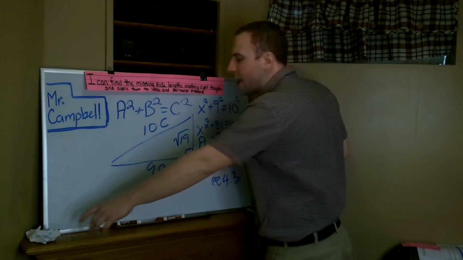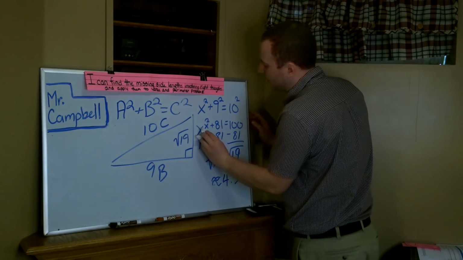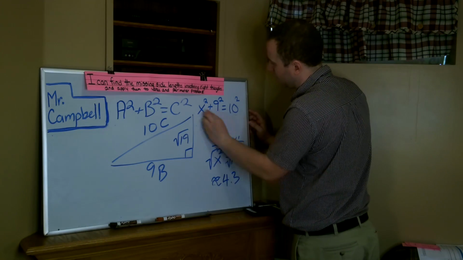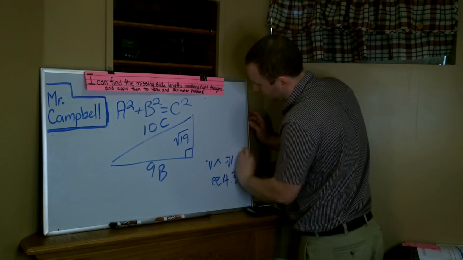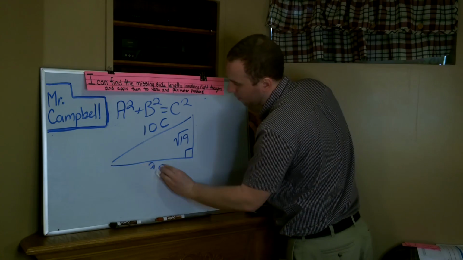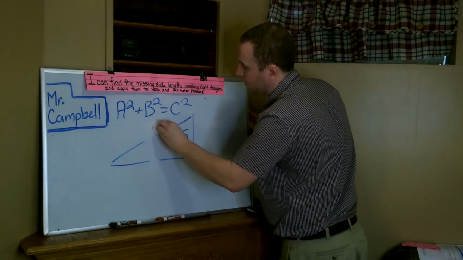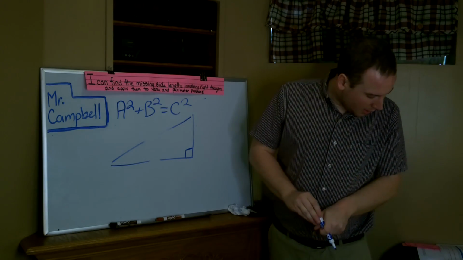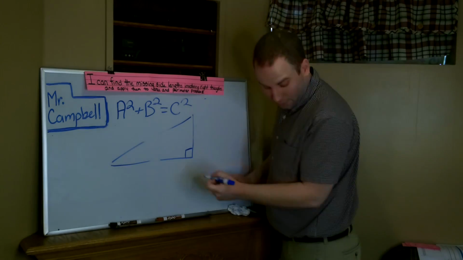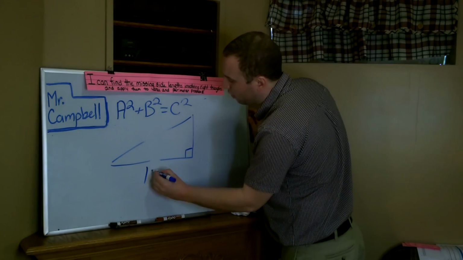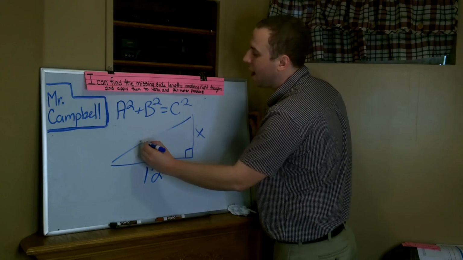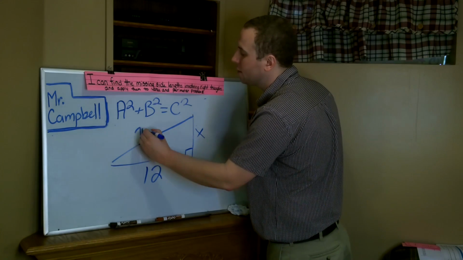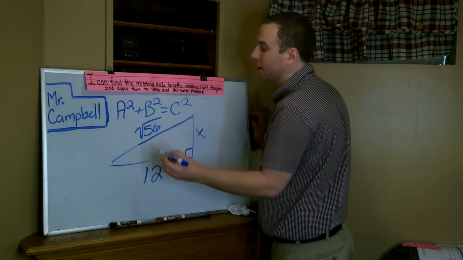Let's look at one more problem regarding this. Let's say I have 12, x, and my hypotenuse is the square root of 56.